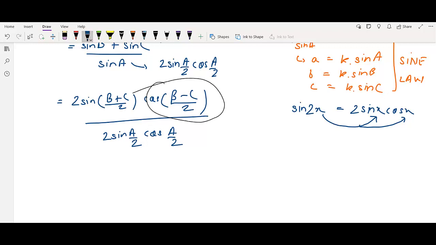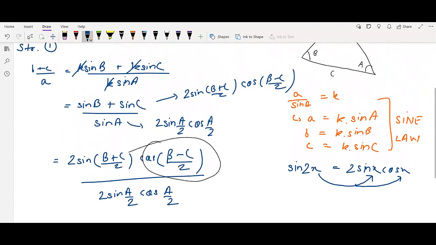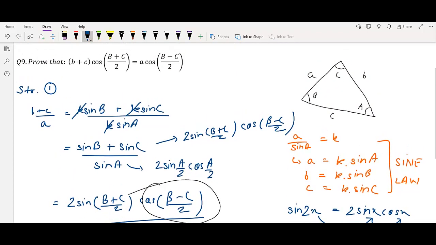Now since we are talking about triangles, let me come back up here. The sum of the angles of a triangle A, B and C is always equal to 180 degrees, right? So I can write A plus B plus C equals 180 degrees or pi radians. A plus B plus C equals pi, so B plus C becomes pi minus A. If I divide this entire expression by 2, I get (b plus c) by 2 equals pi by 2 minus a by 2.